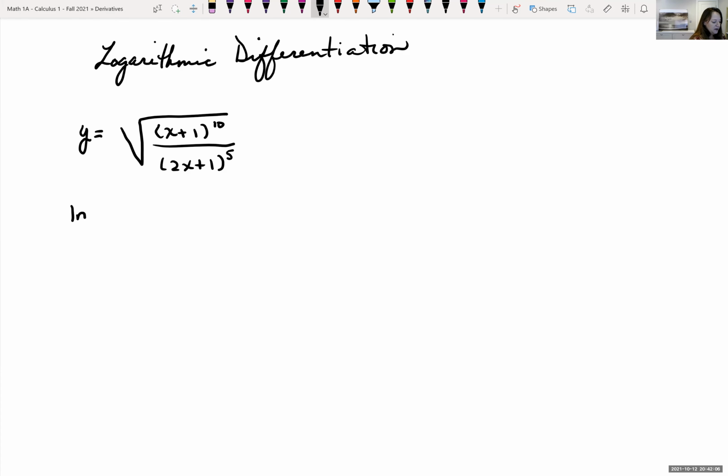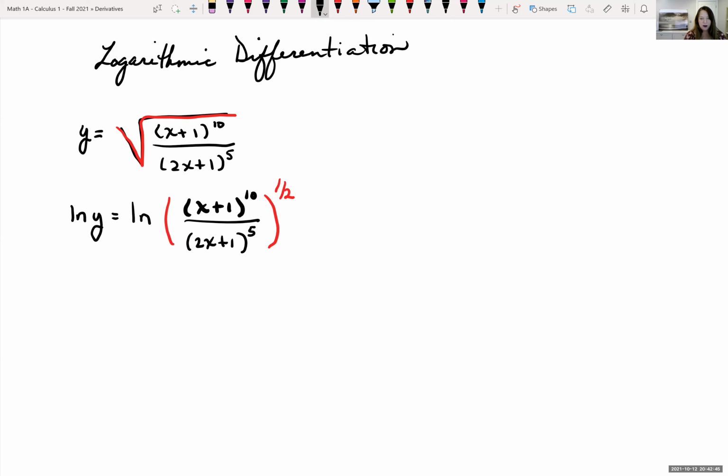And so if we take the natural log of the left side of the equation, we've got to take it of the right-hand side of the equation. And because I know I want to use that property to bring an exponent down, let's rewrite this radical as to the 1/2 power. And so I have the natural log of x plus 1 raised to the 10th all over 2x plus 1 raised to the 5th.